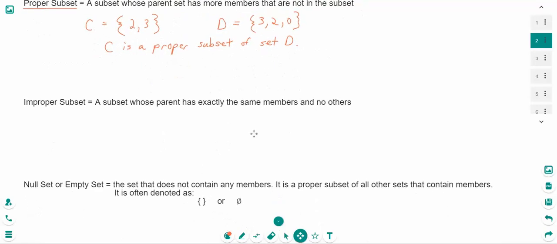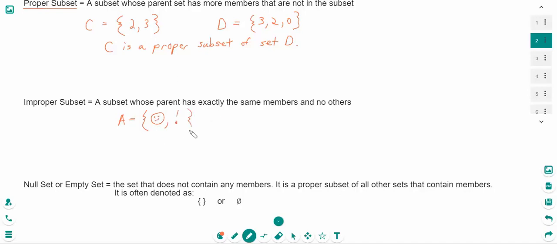Improper subsets. So an improper subset is basically the opposite of a proper subset. So a subset whose parent has exactly the same members and no others. So this would be kind of the way I began that second example. If I have A is equal to a set of, and you know what, let's just say it's a set of these symbols. Maybe it's a set of a smiley face and an exclamation point.